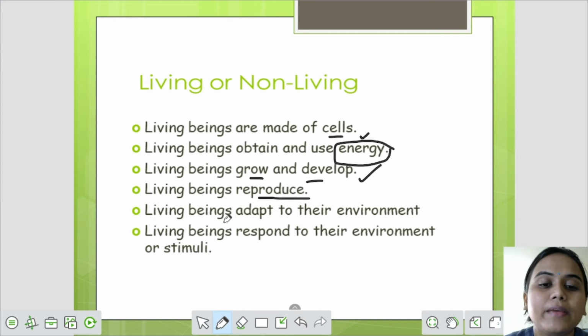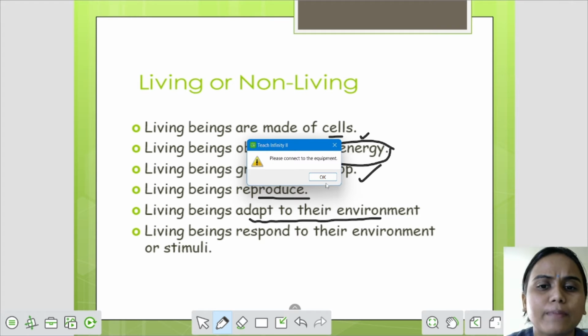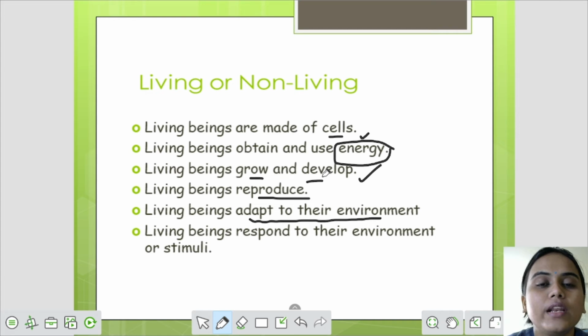And living beings adapt to their environment. This is very important. Have you seen a polar bear? Have you seen a giraffe? Can you see all these animals roaming in every part of this planet? No. Why? Because they are only adapted to a certain environment and only there can they live.